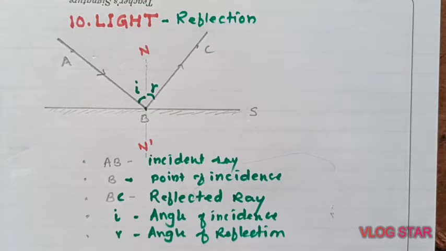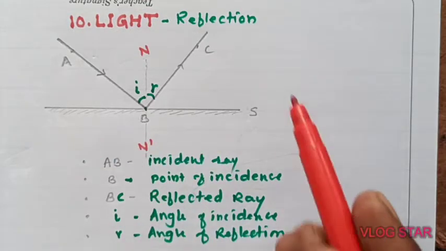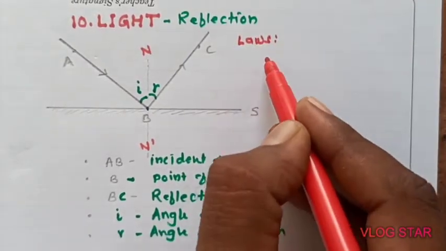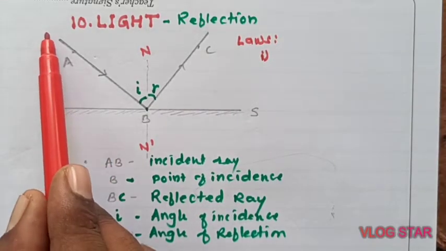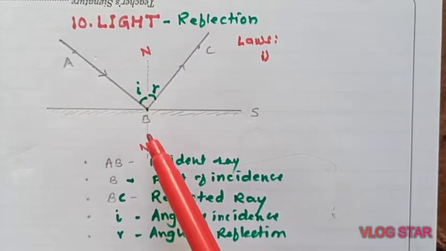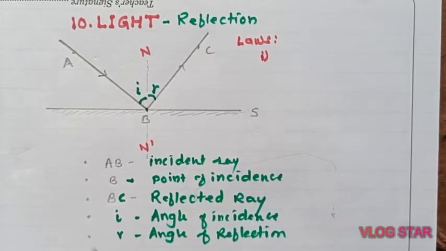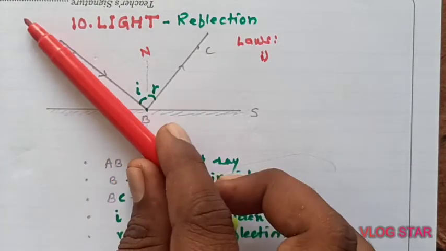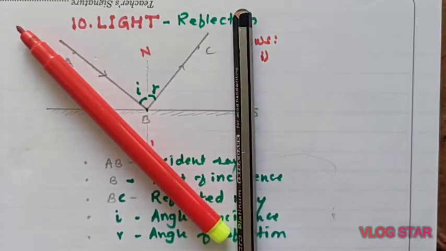After knowing all these things, we will discuss the laws of reflection. The first law: we have three things over here. AB, the incident ray, n dash, the normal, and BC, the reflected ray. All these three lie in the same plane, like this.